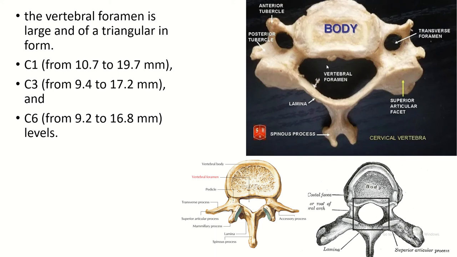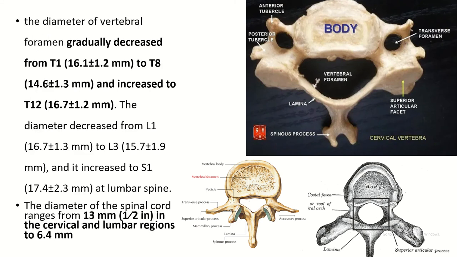These are the diameters at different cervical levels, and the diameter of the spinal cord in the cervical region is 13 mm and in the lumbar region 6.4 mm.